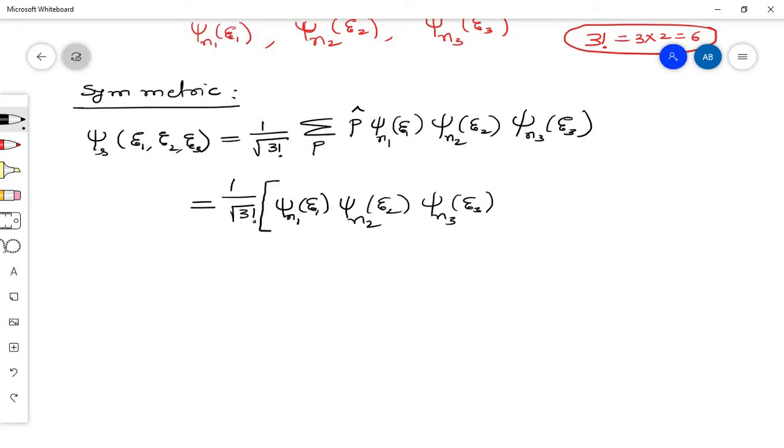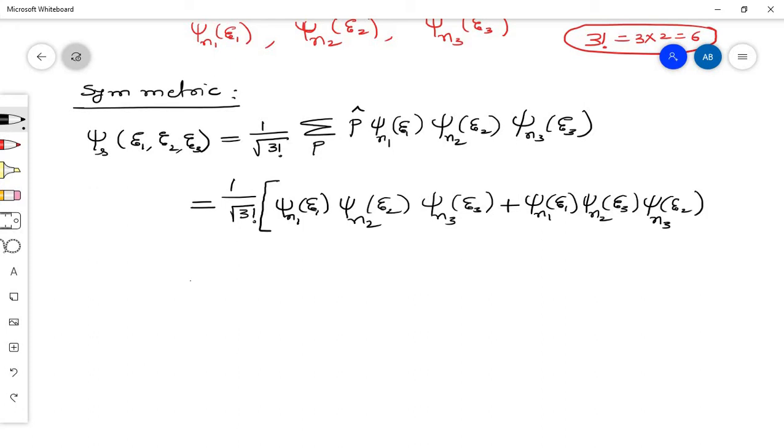Next plus, you interchange 2 and 3. So that is psi n1 e1 only. Now interchange 2 and 3: n2 will come as e3, n3 will come as e2.